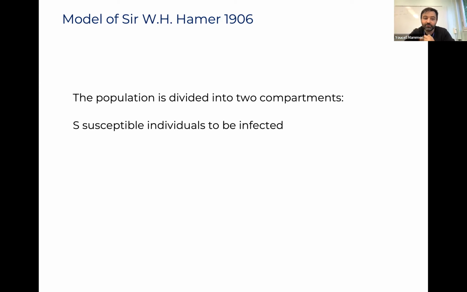Sometimes we also say the healthy people, but it's better to say susceptible. These are the people who can be infected. And the second part is the infected individuals, who are also the contagious individuals. So in this population he has just two groups: the ones who give the disease and the ones who can get infected.